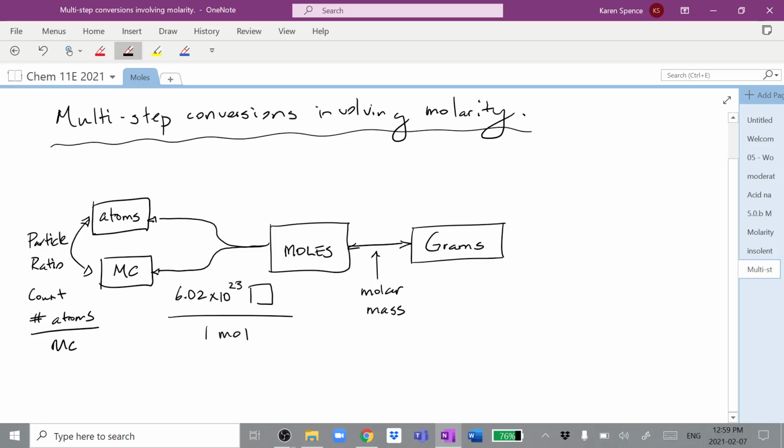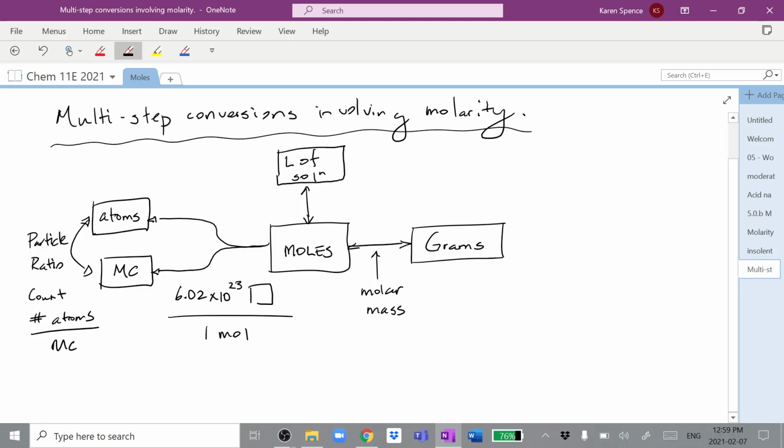And now we're going to add on to the top of this. Lots of things are going to branch off here. So going upward, if you recall, we just learned that we can convert between moles and liters of solution. What conversion factor do we use to convert between moles and liters of solution?